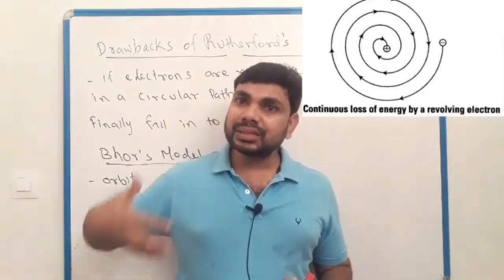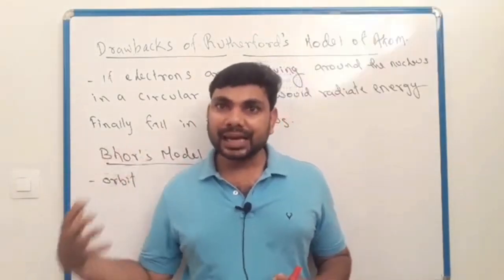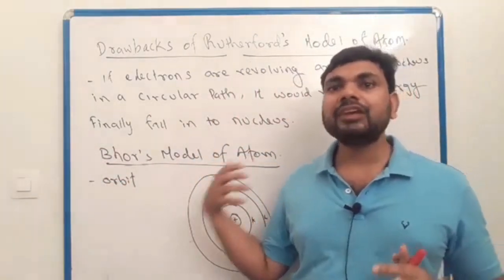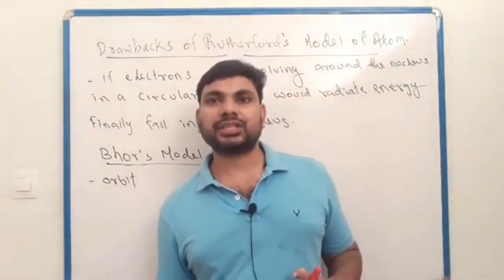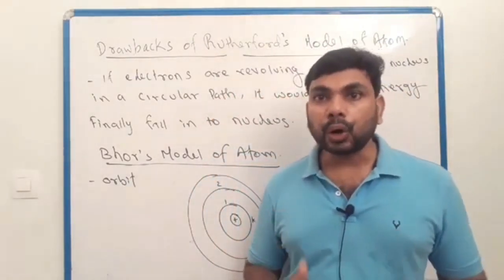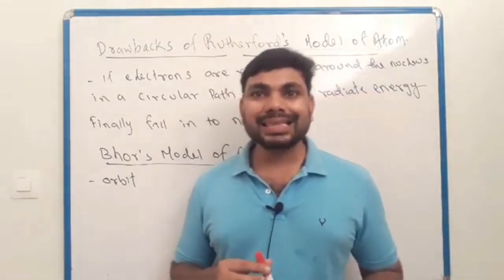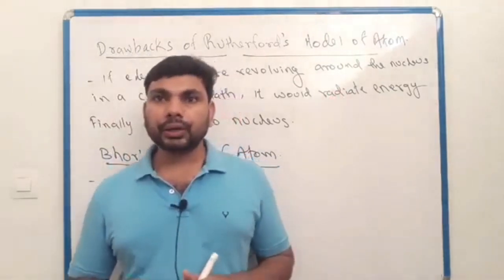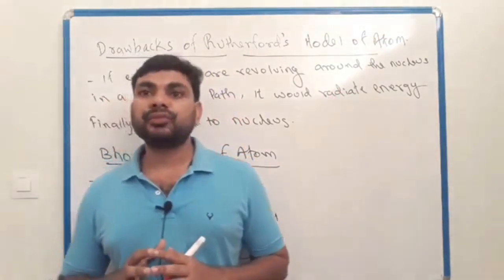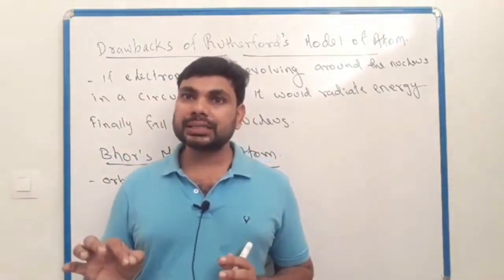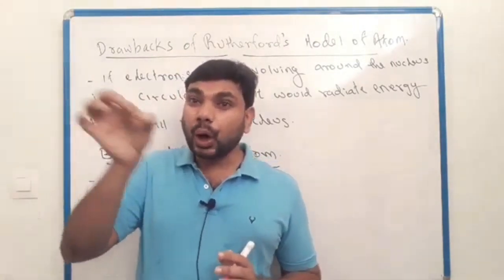To overcome these drawbacks, the scientist Niels Bohr introduced another model of atom. This is called Bohr's model of atom. You can see the picture for the Bohr model of atom. According to the Bohr model, electrons are revolving around the nucleus in particular orbits.